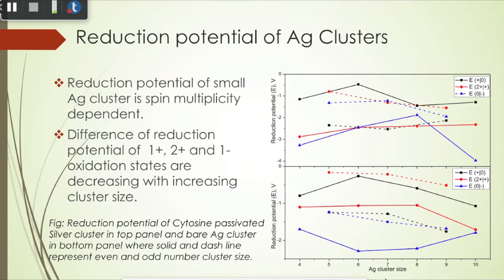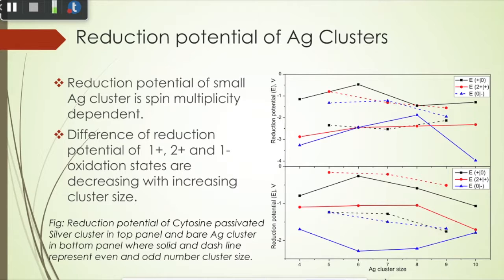In other cases, the difference between these two cases decreases and becomes very small. At size 10, Ag9 is almost very close in both cases. In the bare cluster also, they are almost the same. The top one is passivated and the bottom one is the bare silver cluster.